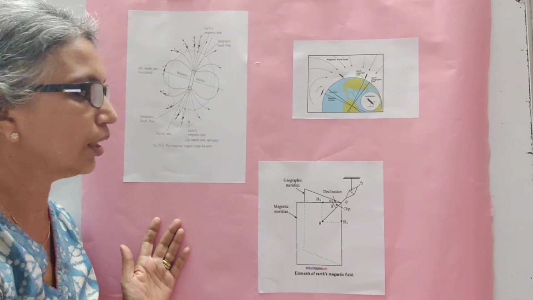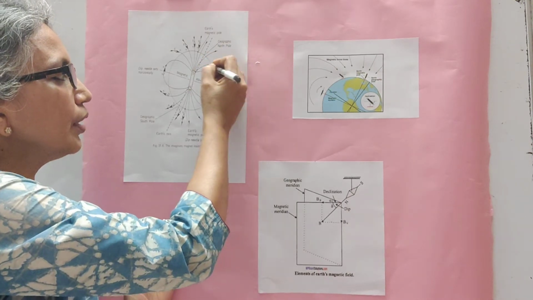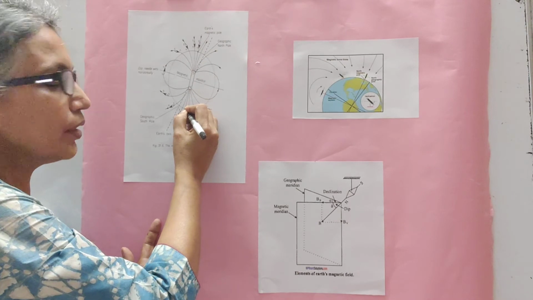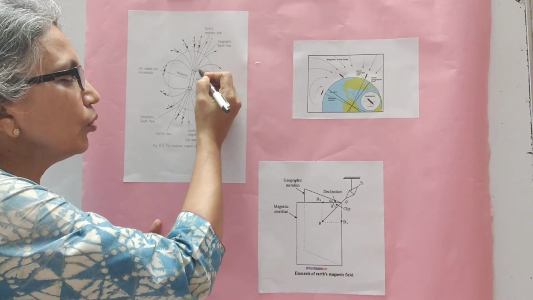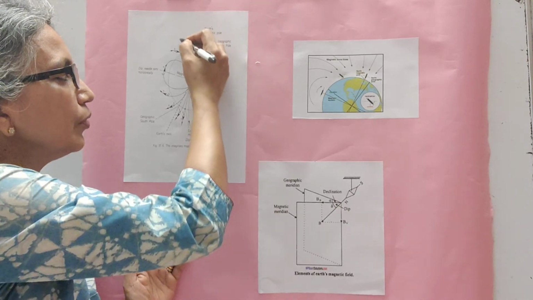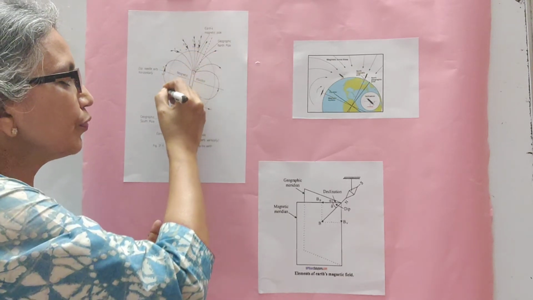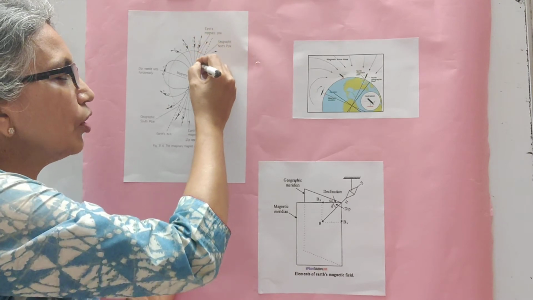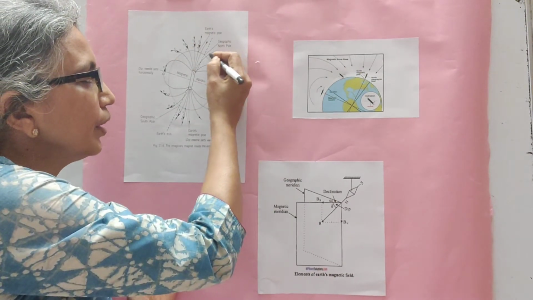Since the magnetic field lines of the earth are going in at this pole, this is the magnetic north pole and this is the magnetic south pole. If you look at the surface of the earth here, you will see that these field lines are not parallel to the surface of the earth. They are actually coming in like this.